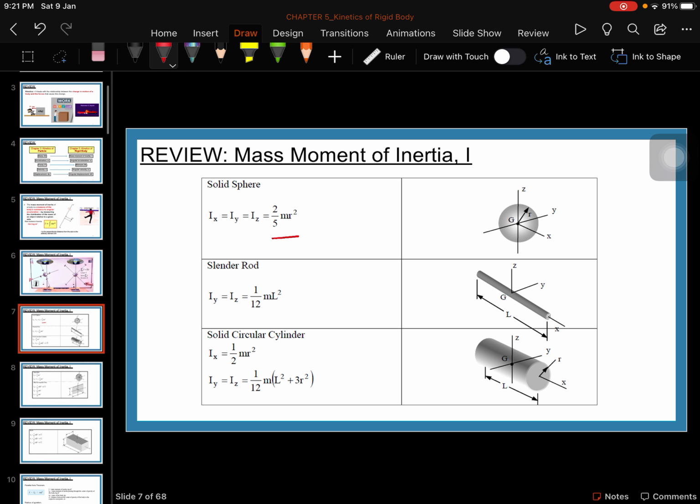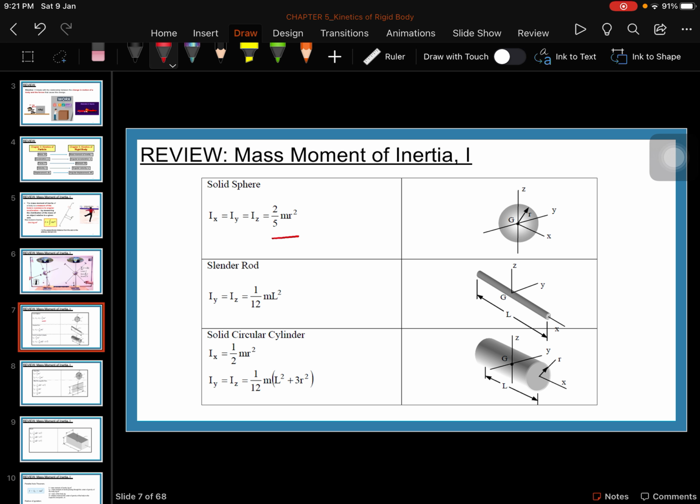Next, review mass moment of inertia. First, for solid sphere, Ix equal to Iy equal to Iz equal to 2/5 mr square. Next, slender rod: Iy equal to Iz equal to 1/12 ml square.